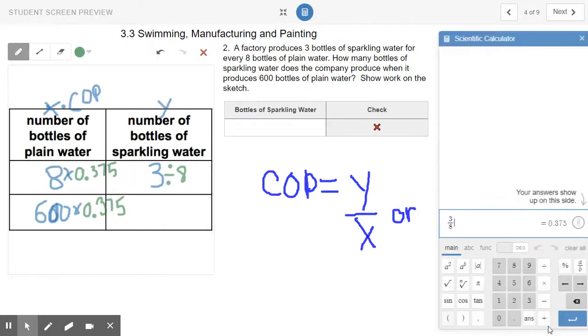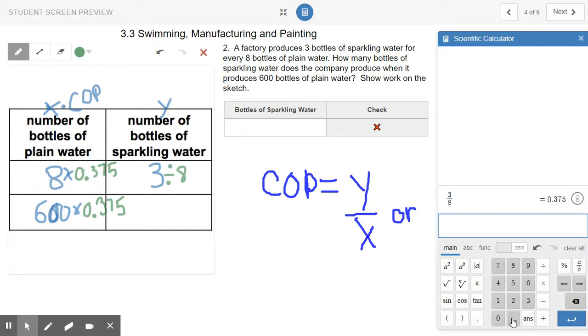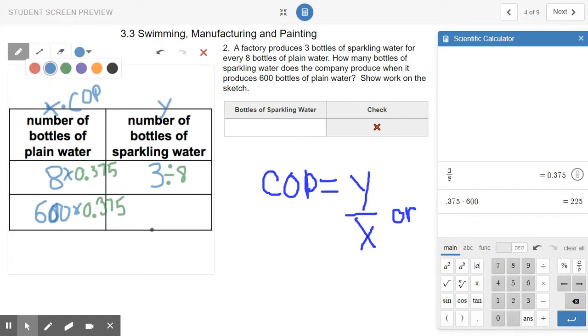So I'm going to take 0.375 times 600, and I get 225. So let's check that out and see if that makes sense. All right, great. We got that one right.